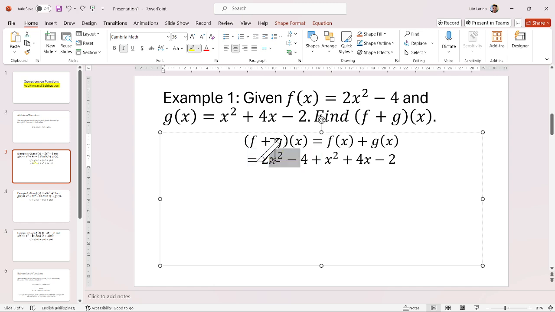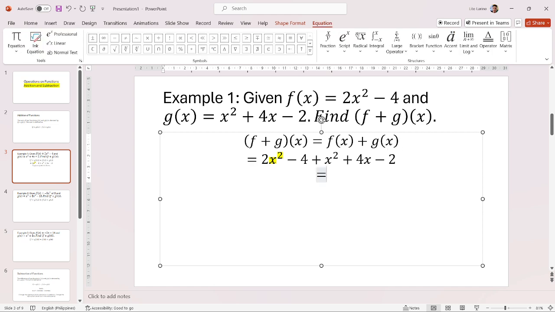These two, we have 2x squared and x squared. So adding similar terms, 2x squared plus x squared is equal to 3x squared.